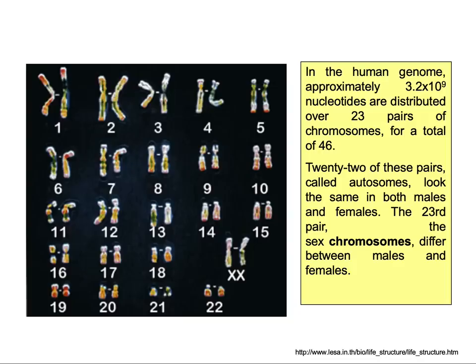And when we say nucleotides, adenine, guanine, so these are the bases. So we have almost 3.2 billion of those in 23 pairs of chromosomes, a total of 46 chromosomes. 22 of those pairs are called autosomes, and they look the same in both males and females. The 23rd pair is the sex chromosomes, and they differ in males and females.